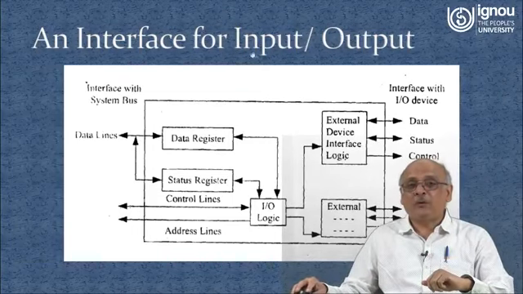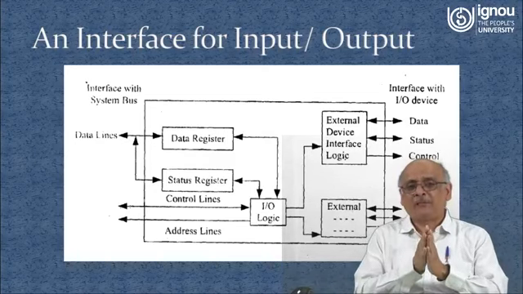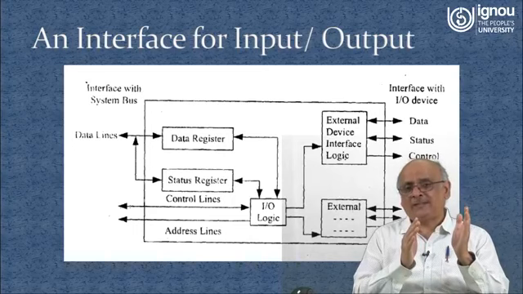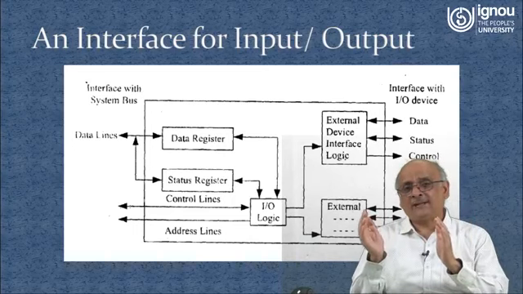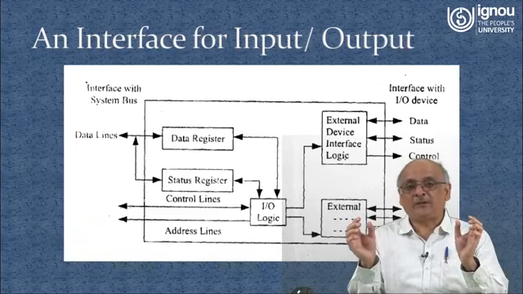Now from this we move on to the input-output interface. This is what we stated in the memory hierarchy. On one side we have the CPU, on the other side an input-output device, and there is a vast gap between the speed of the two.